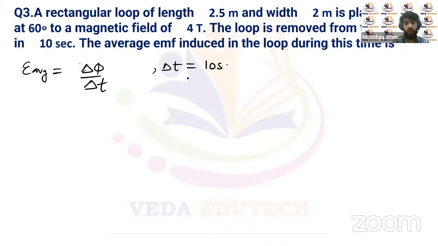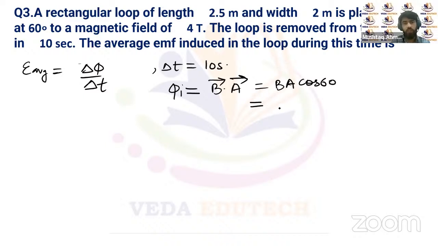Initially the flux linked with this loop will be given by B dot A, the dot product between the magnetic field vector and the area vector. It is given that the loop is placed at 60 degree to a magnetic field. It means the angle between the magnetic field and the area vector is 60 degree here, so we can write it as BA cos 60.